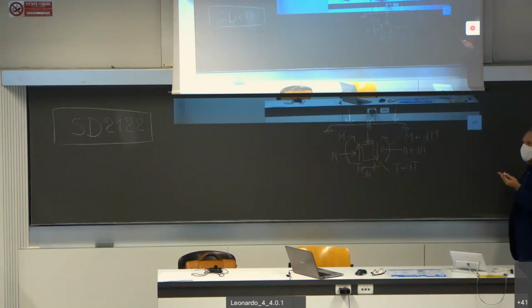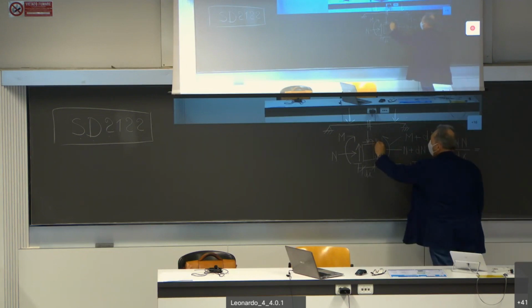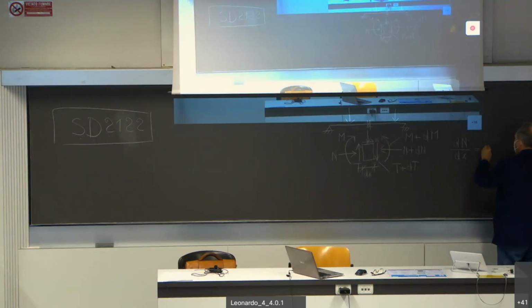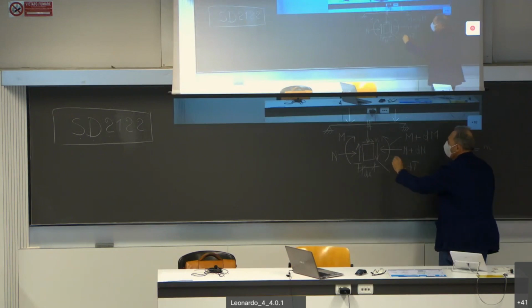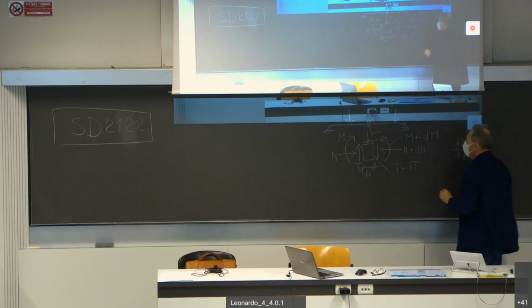The consequence is that when I do the equilibrium, I can say that the variation of N over dx is equal to this external force, small n, times dx, and this one is p times dx.